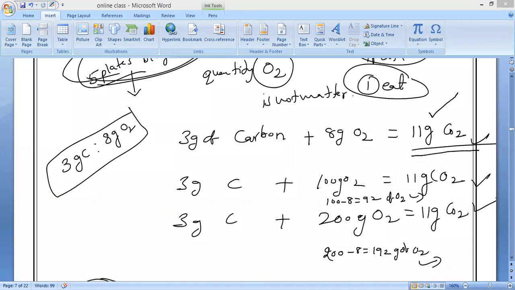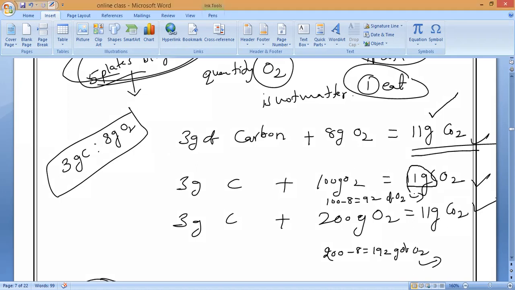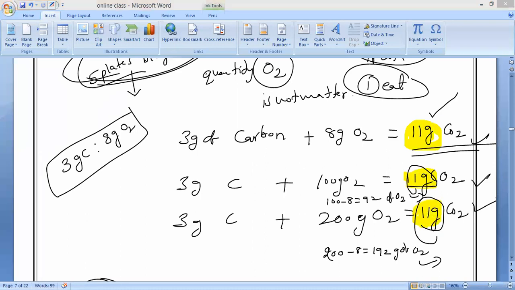Same mass means how many grams, everybody? 11 grams only. Okay, same mass of carbon dioxide, in brackets you can write 11 grams, will be obtained.